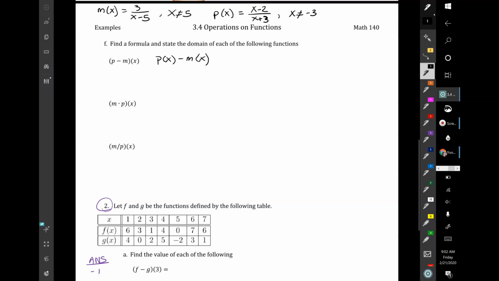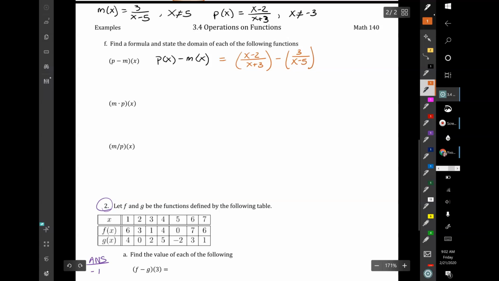And we would just go ahead and pop in what we have for p of x, x minus 2 over x plus 3. This time we're not plugging any numbers in. We're just keeping it in its generic form. And m of x is 3 over x minus 5.